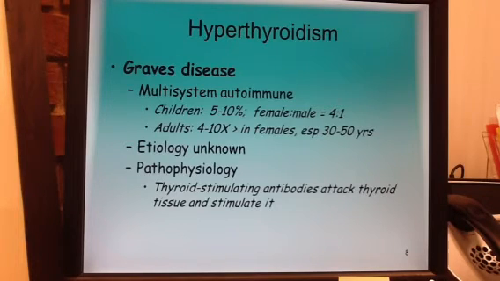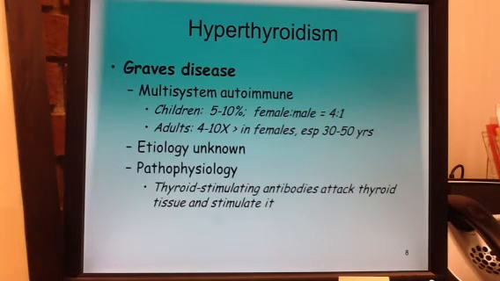The etiology is unknown, but susceptible persons become sensitized to and develop antibodies against antigens in the thyroid gland. These antibodies, called thyroid stimulating antibodies, TSAb, attack the thyroid tissue and stimulate it by acting like TSH. So these antibodies act like TSH, stimulating the thyroid gland while at the same time destroying it.